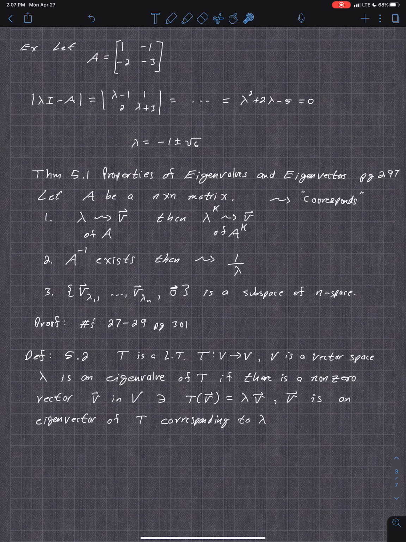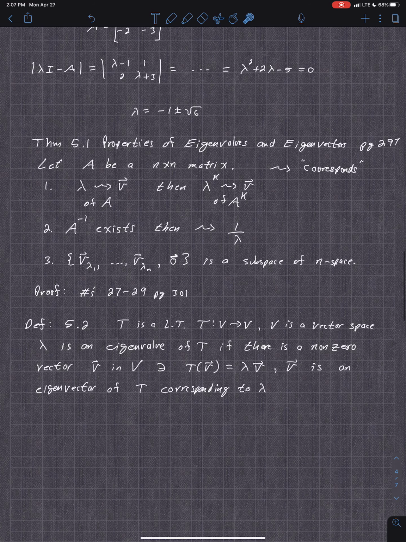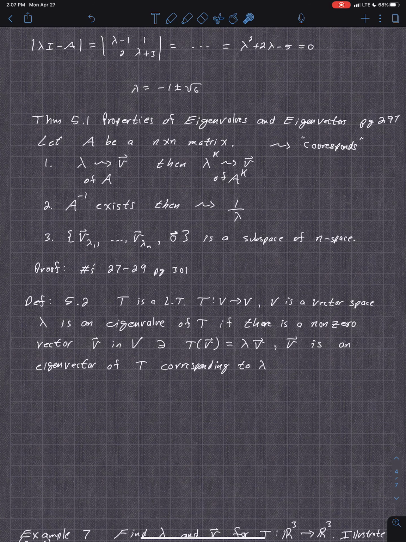Another interesting one is if A inverse exists, then the eigenvalue is 1 over lambda, given this original statement for eigenvalues and eigenvectors. The other one is interesting, and I do go through a little bit of the proof later, or at least one similar.